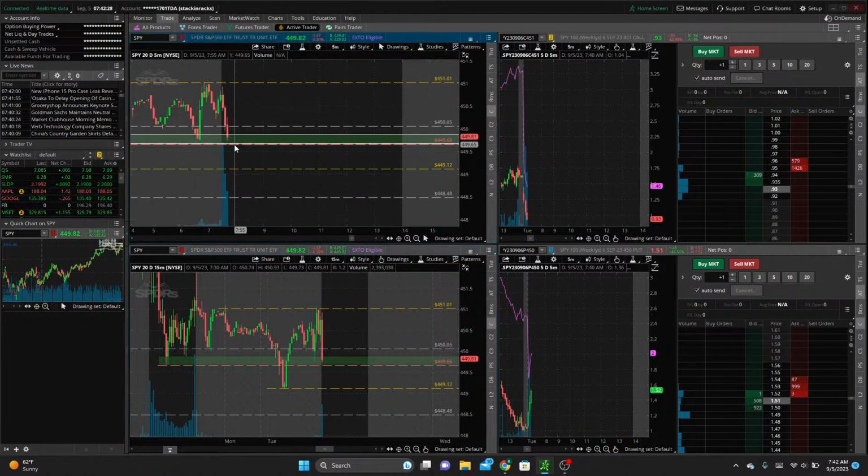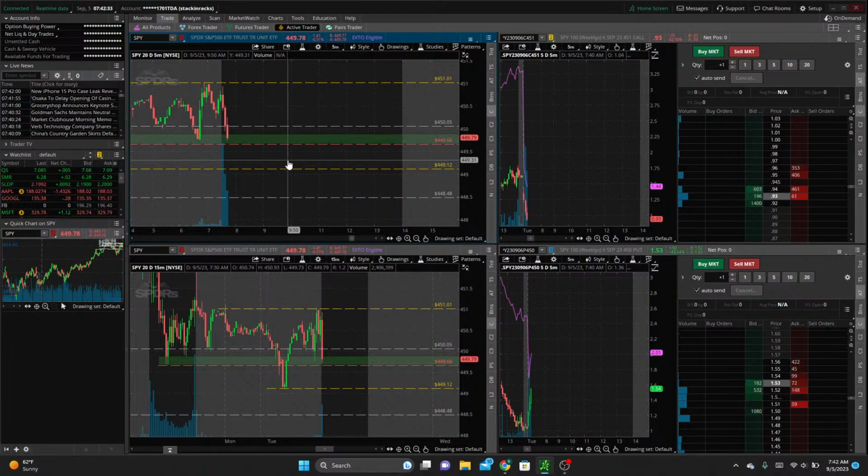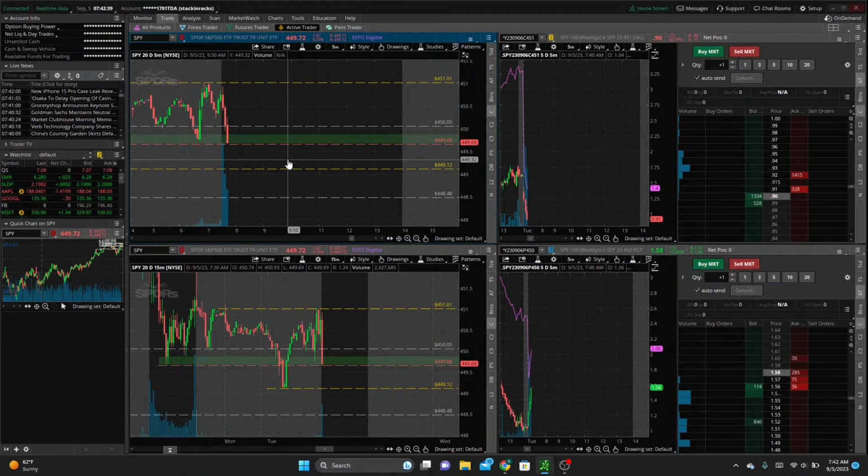I'd expect at least a short-term relief bounce from here, though. But we'll see. I would like a confirmation on a 5-minute time frame to enter. So I'd at least need one candle close holding this level to validate any sort of entry.